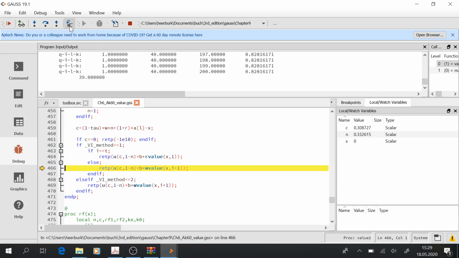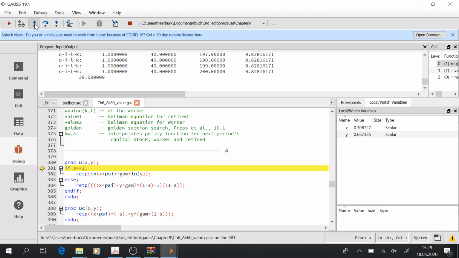Okay, now we consider a case where our period is 39, which corresponds to real life age 59. We are a worker in this period and we are also a worker in the next period. Therefore, we need to consider the value function of the worker at age 40 in our Bellman equation next period value function, and this is done in line 466.